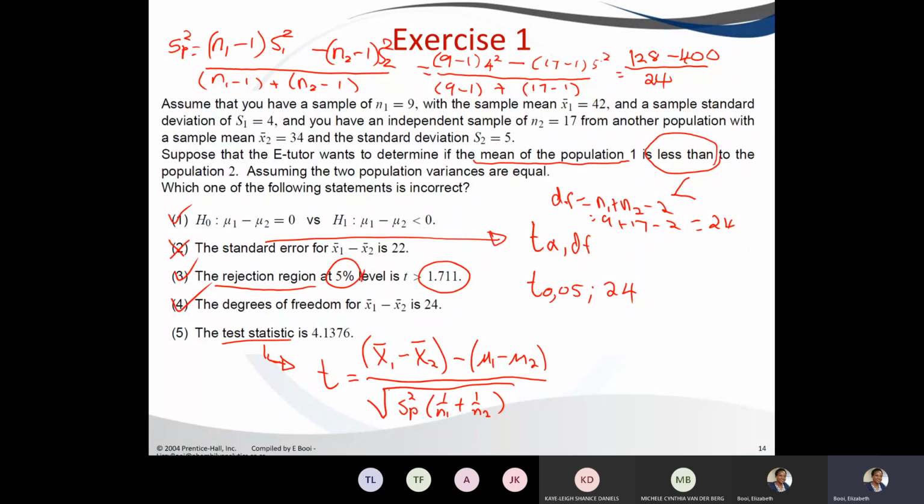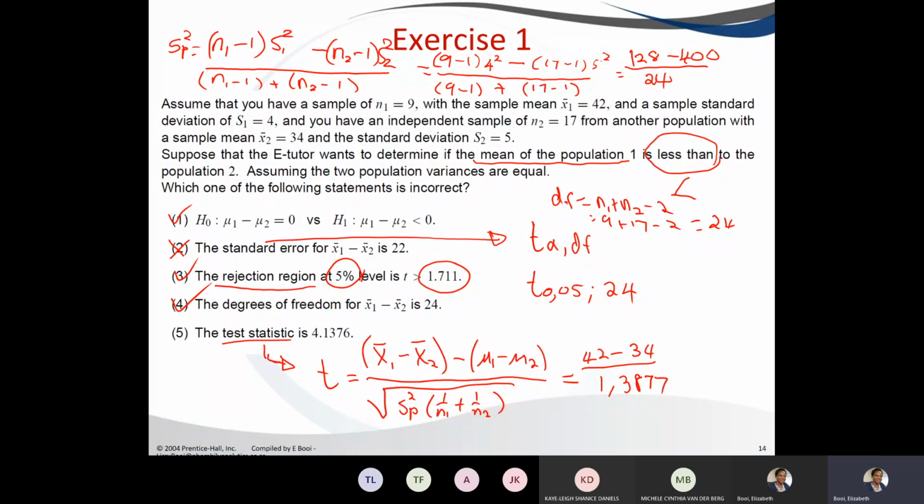The test statistic, so since we have our pooled variance, which was 1.39, that somebody calculated, we can calculate this. The mean is 42 minus the mean of 34 divided by 1.39 that we got. What did you get? You got 1.3877. Always round off only at the final answer, 1.3877.